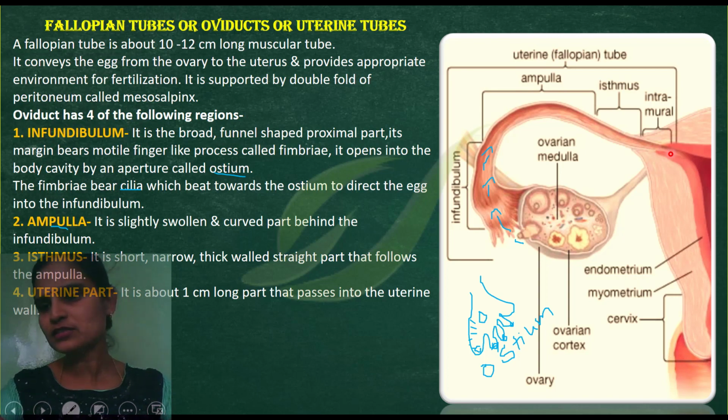You can find in this diagram clearly how this intramural or uterine part of the fallopian tube passes into the uterus. Thus the fallopian tube consists of 4 parts: infundibulum, ampulla, isthmus as well as the intramural or uterine part.